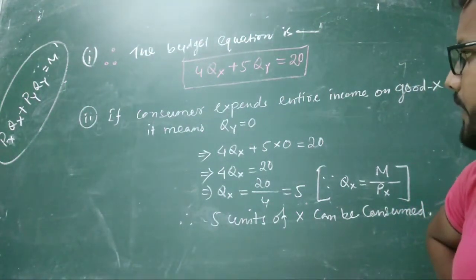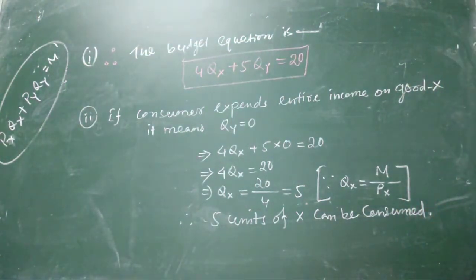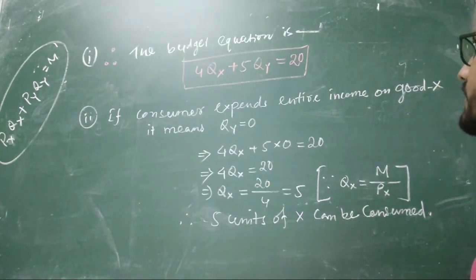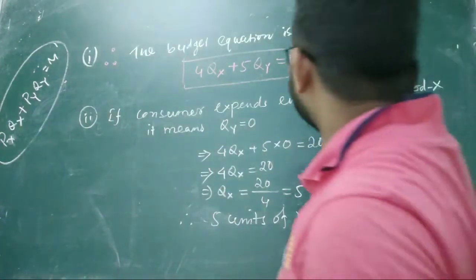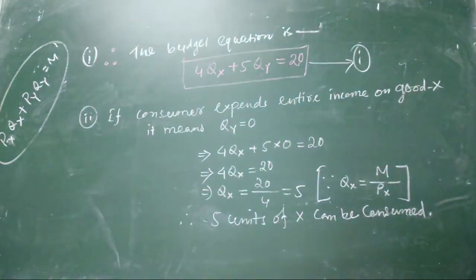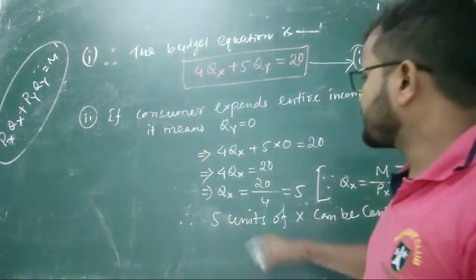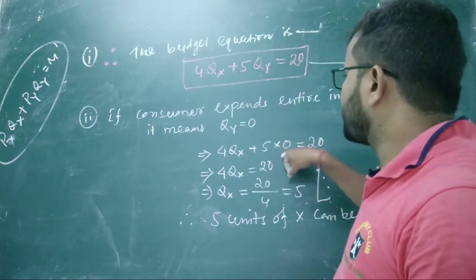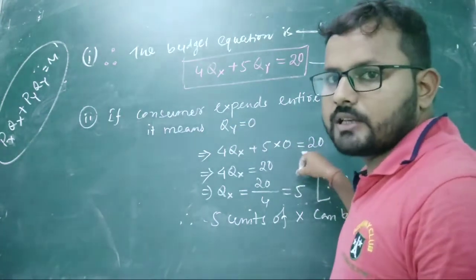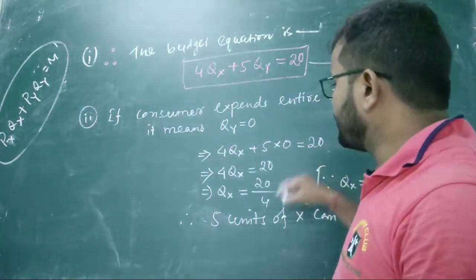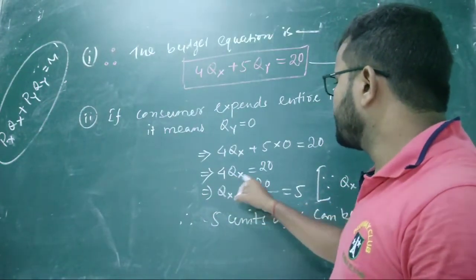If the consumer expends entire income on good X, it means quantity of Y is equal to 0. So following this equation number 1, it implies 4QX plus 5 into 0, that means quantity of Y equal to 0, is equal to 20. This implies 4QX equal to 20.